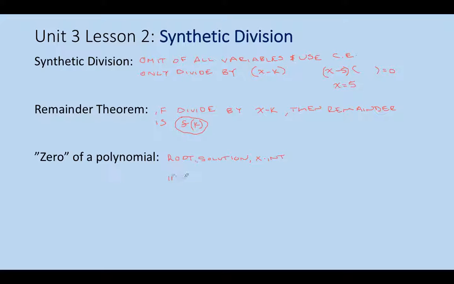And so if the remainder is 0, like when we talk about up here, then x minus k is a factor, which is something that's going to be important for the next couple of lessons. And so we could also say that k is a root or a solution or a zero. All right, so let's get to some examples here.